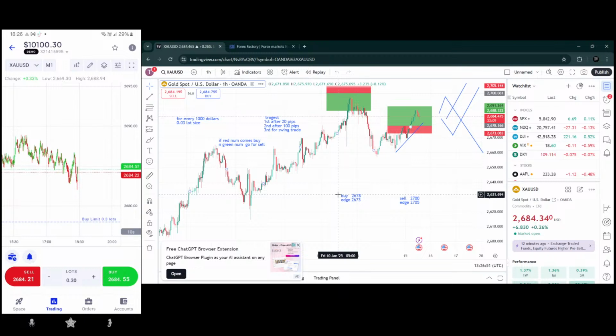But the only problem is, because I don't take SLs, I do hedging. So even if somebody is putting an SL, it will be very big. If you are being very calculative, the SL should be around 20 to 30 pips, so then it's easy to recover that money.